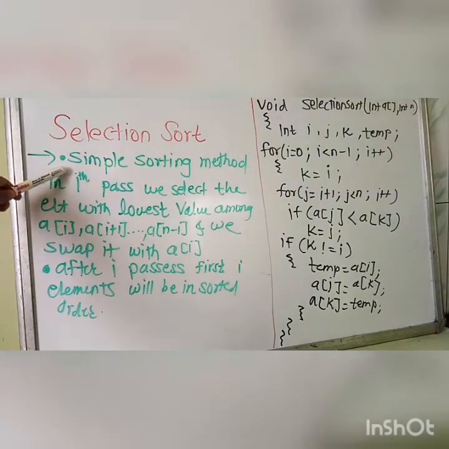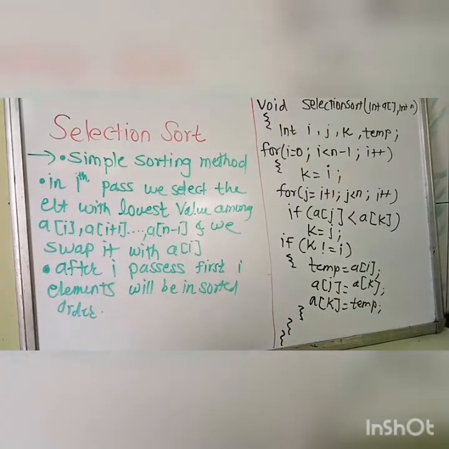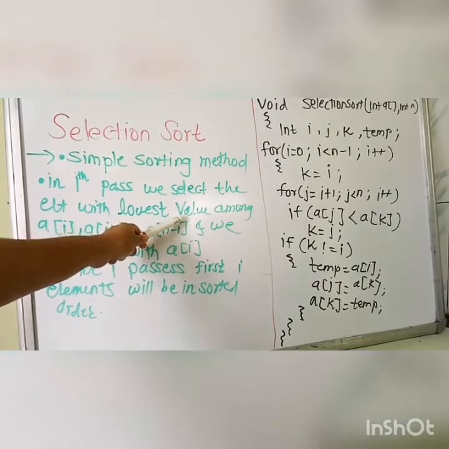It is nothing but a simple sorting method in which, in the ith pass, means while doing the sorting procedure we will term it as a pass, we select the element with the lowest value. Which element will we select?